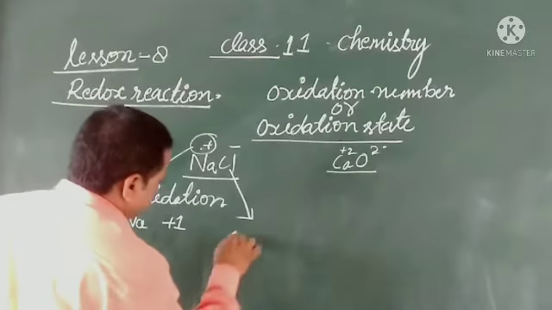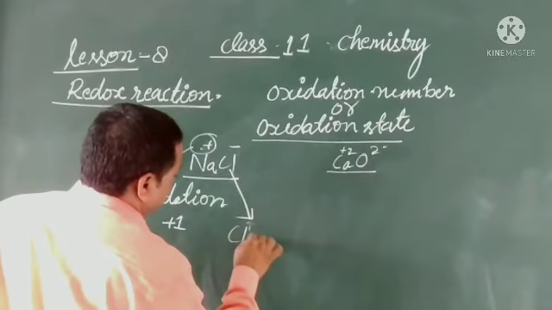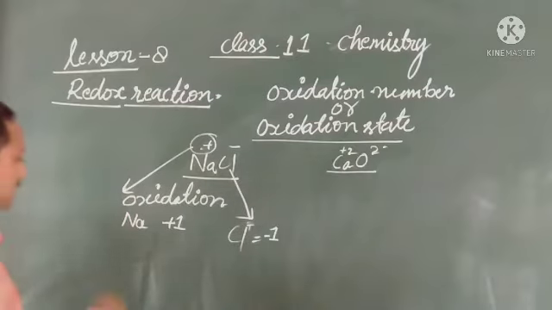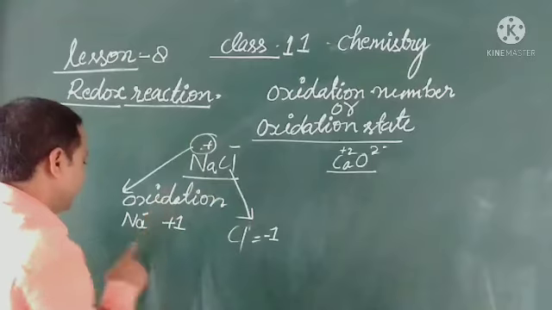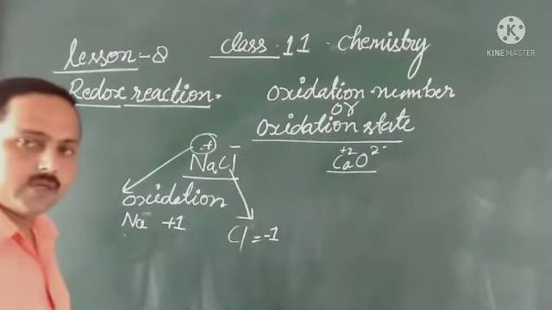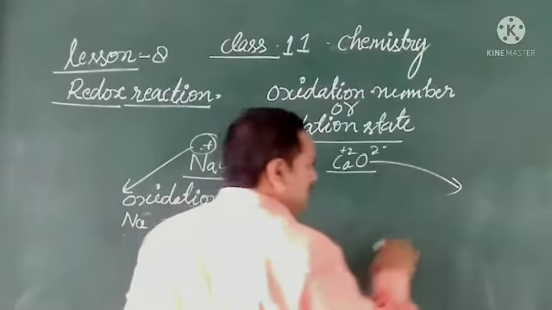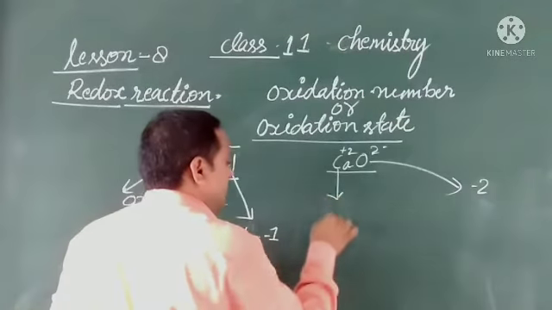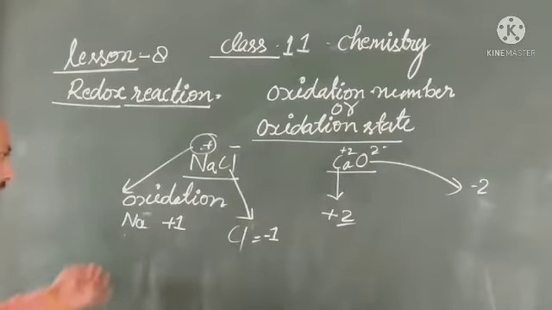So the oxidation state of chloride is minus 1. In this compound, Na oxidation is plus 1 and Cl oxidation is minus 1. In calcium oxide, oxygen oxidation is minus 2, and calcium oxidation is plus 2. Okay. So how can we define it?